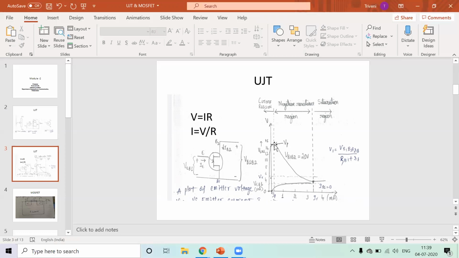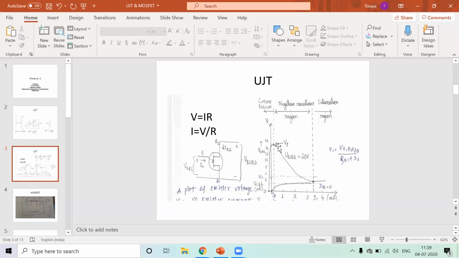After a certain point, the characteristics of UJT are such that whenever the current is increasing, the voltage will start decreasing. That point is called the negative resistance region. The basic funda is, you all know that whenever the current increases, the voltage should also increase. But in this characteristic of the UJT, the voltage is decreasing.